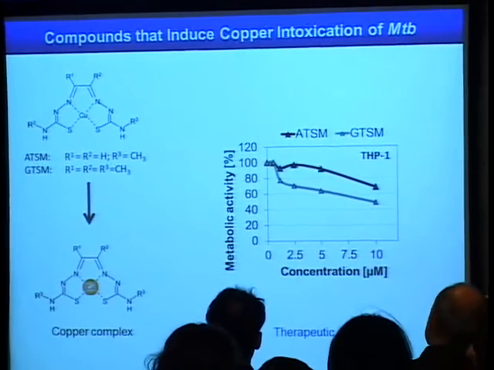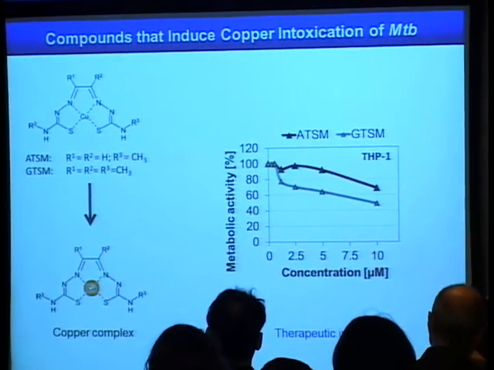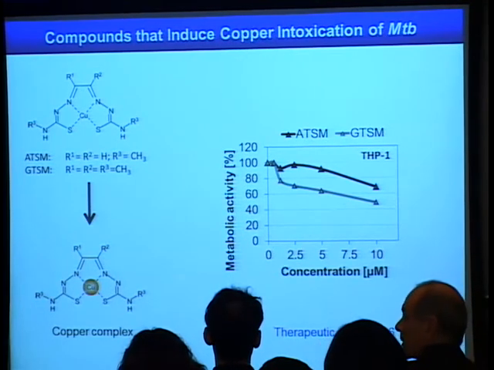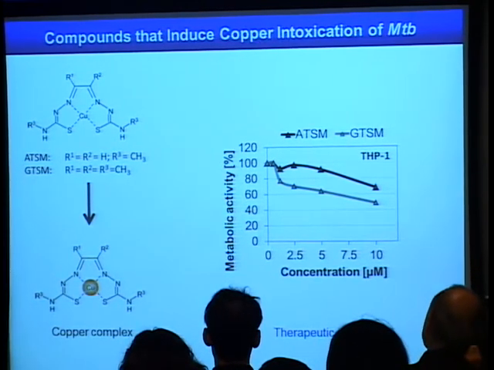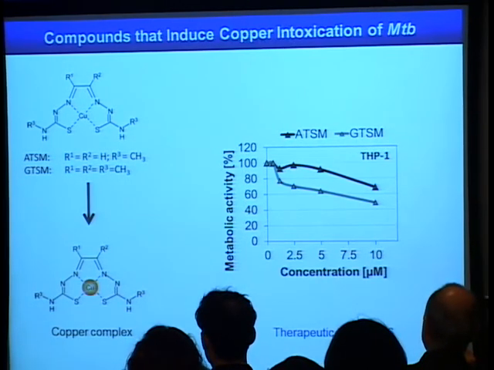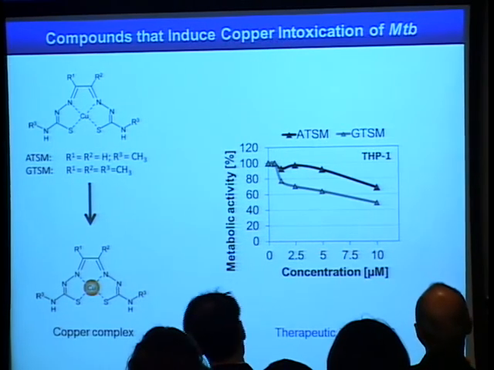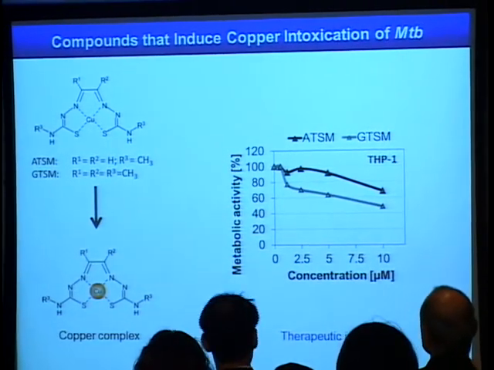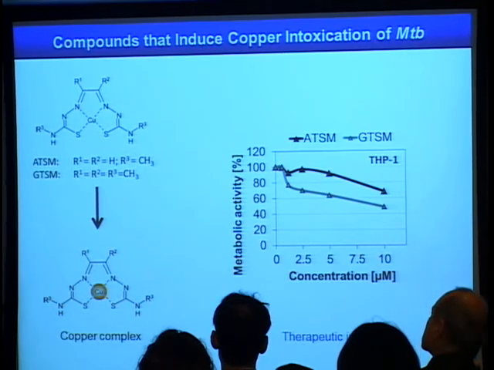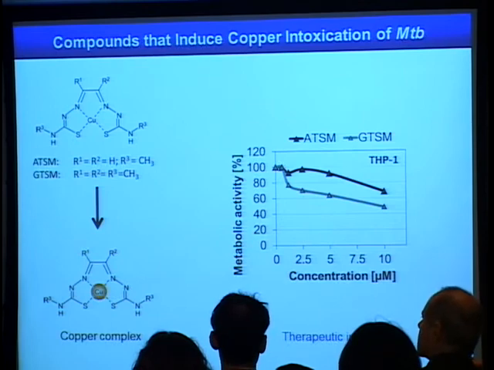We used THP cells, and as you can see, I think this pen is giving up, they are quite well tolerated by macrophages. The preliminary therapeutic index that we calculated is greater than 16, which pretty much means that there's a 16-fold difference between the active concentration against Mycobacterium tuberculosis and the toxic concentrations against eukaryotic cells.